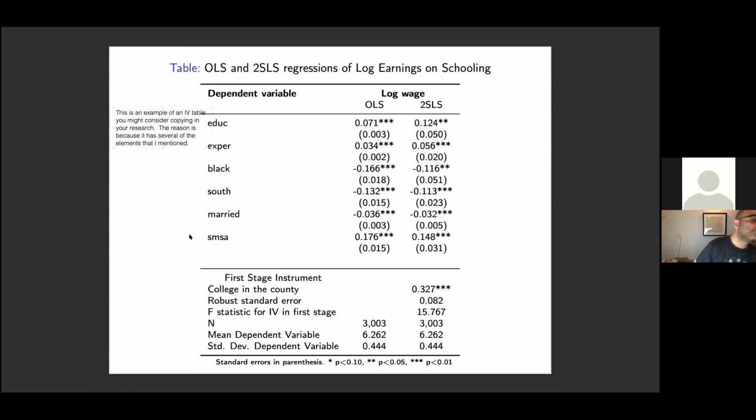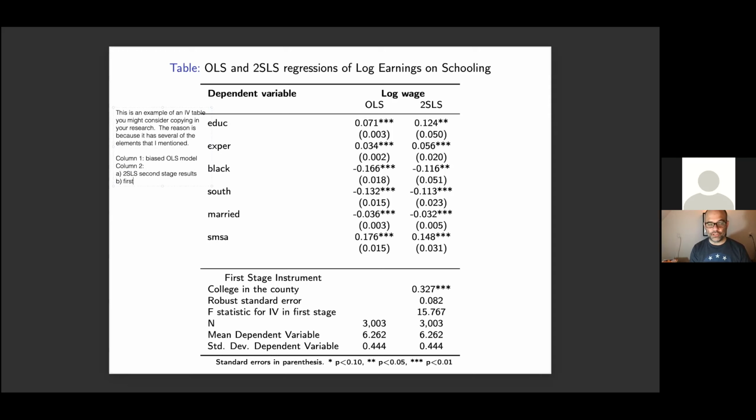Okay. This is an example of an IV table that you might consider copying in your research. The reason is because it has several of the elements that I mentioned. So for instance, column 1 is the biased OLS model. Column 2 has two-stage least squares second stage results.